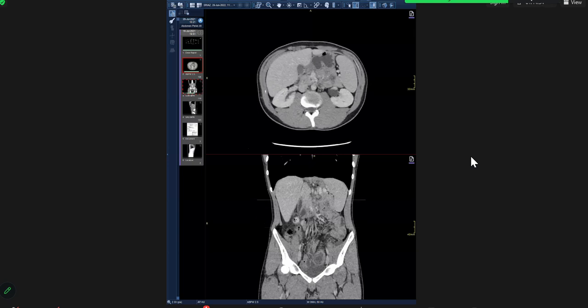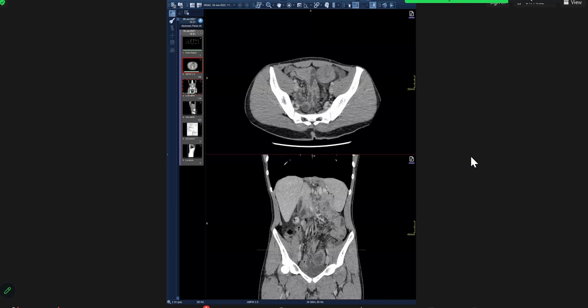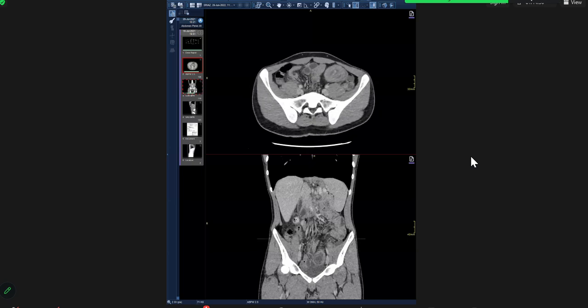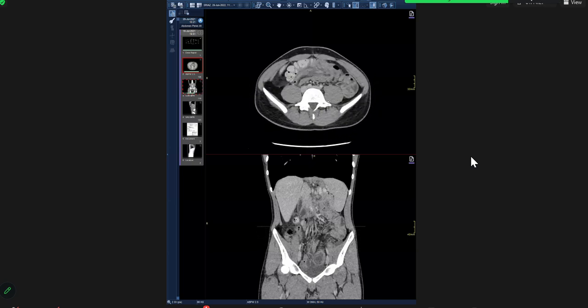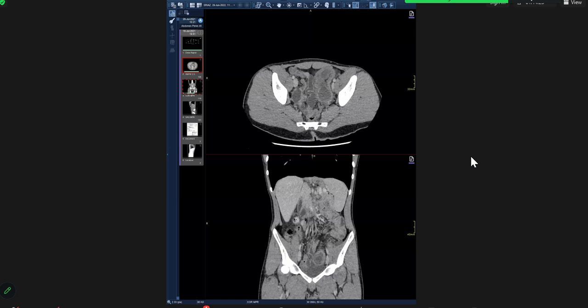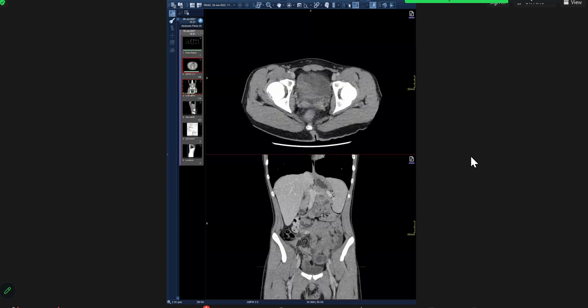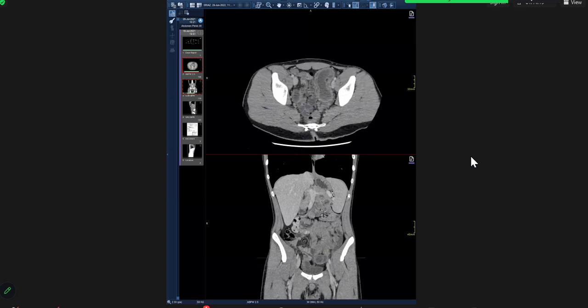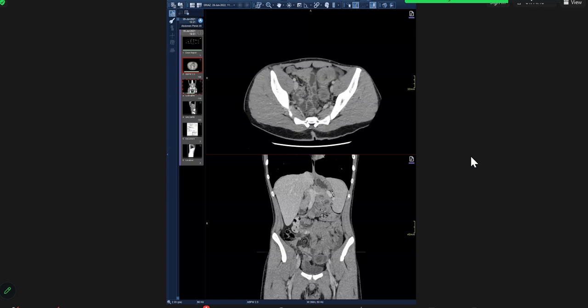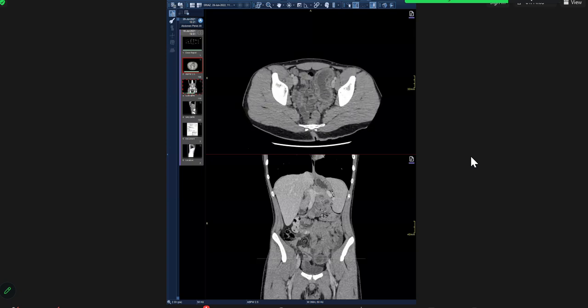However, it could be a benign cystic lesion. There is mild reactive ascites seen around it. So what's your management now? I will discuss the findings with the primary team, and this could need immediate laparotomy for the management of intussusception.